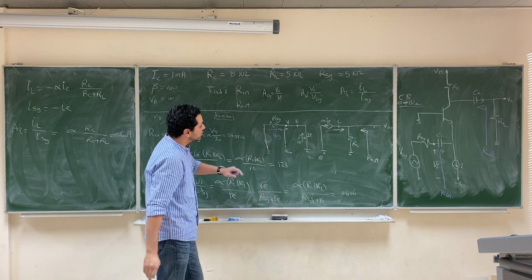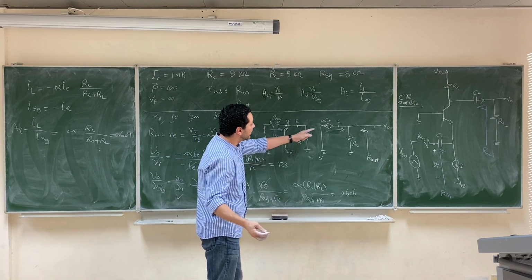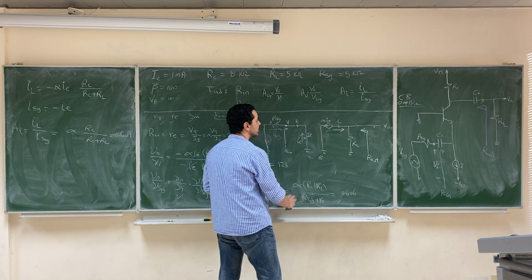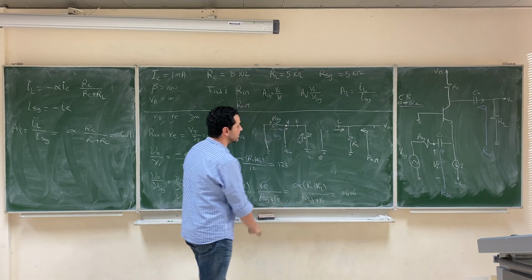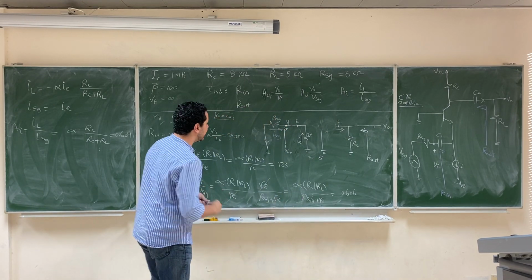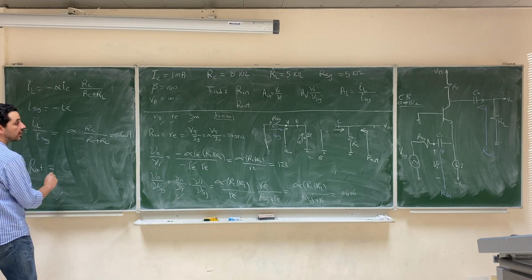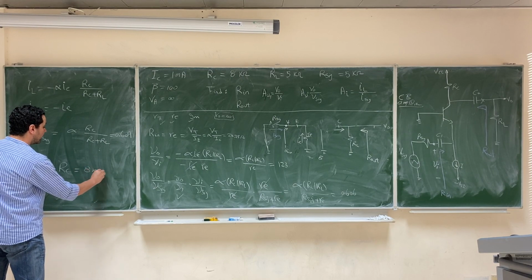When we deactivate this source, the current here will be 0, IE will be 0, and this dependent source will also be 0. A current source with a value 0 means open circuit, so the only resistance that you will see at our output will be only RC, which is 8 kilo ohm.